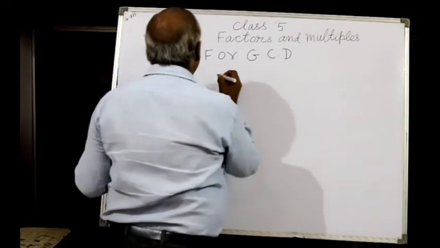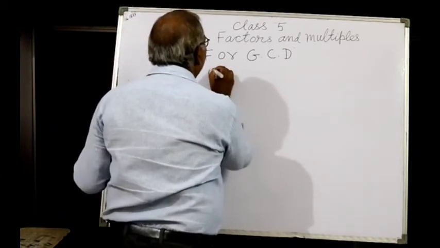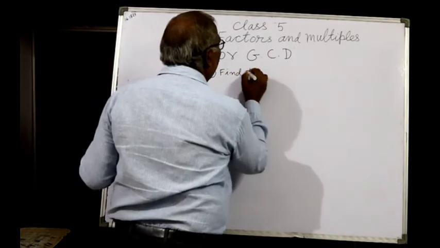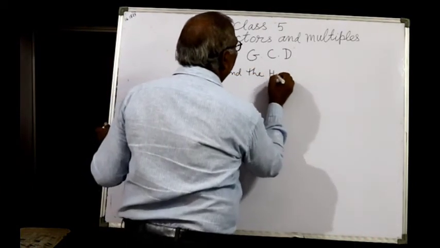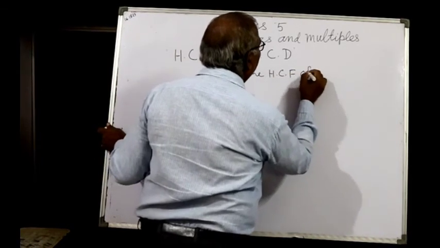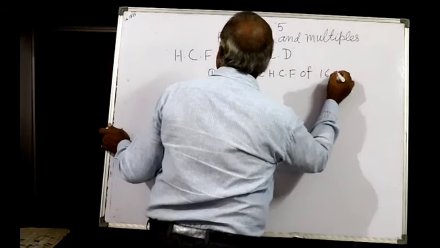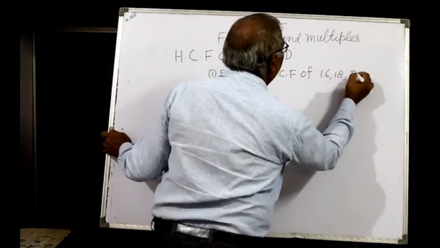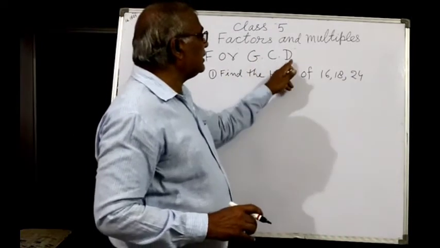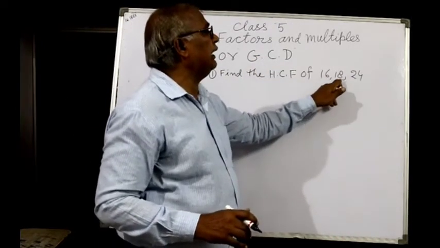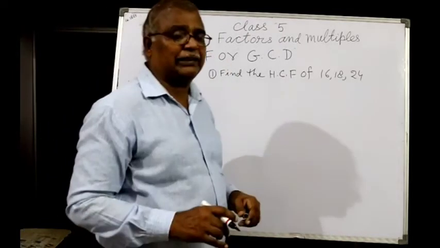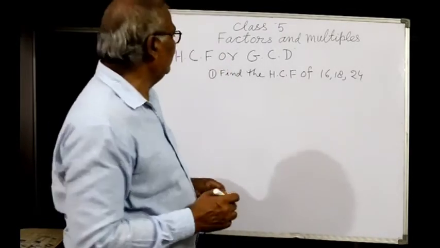Example 1: find the HCF of 16, 18 and 24, or find the greatest common divisor of 16, 18, 24. Greatest common divisor or highest common factor are the same thing.